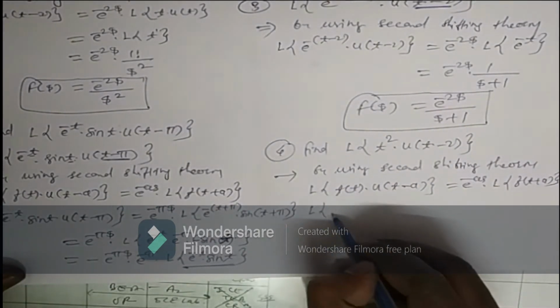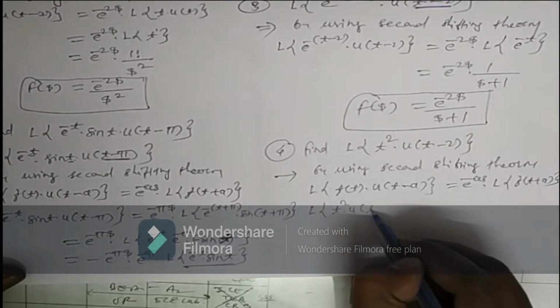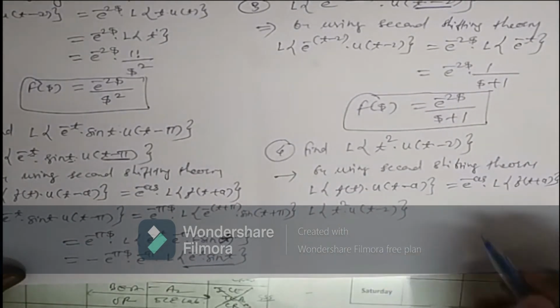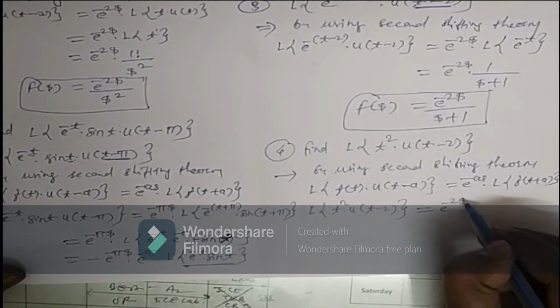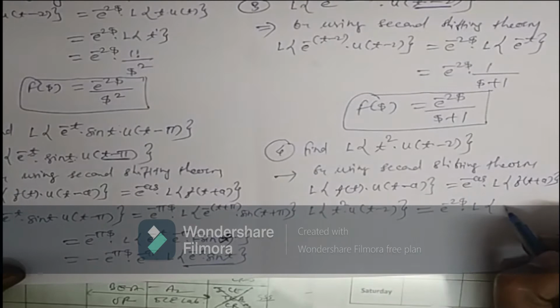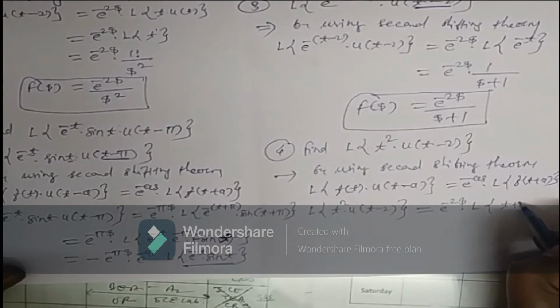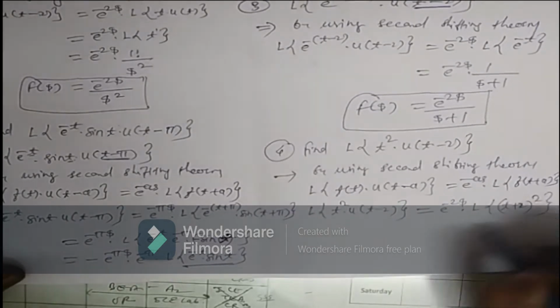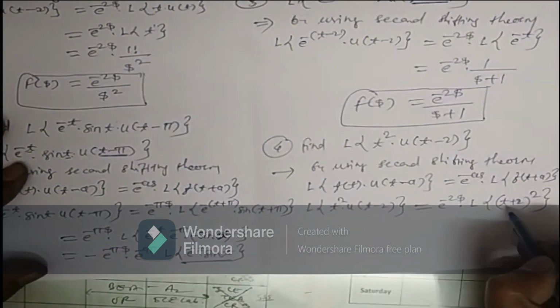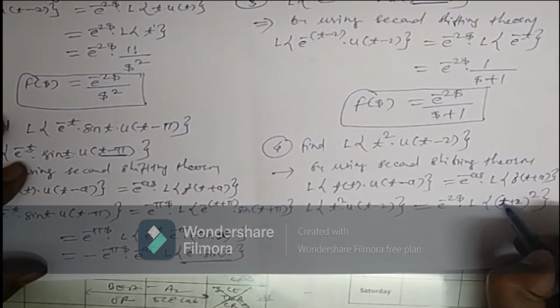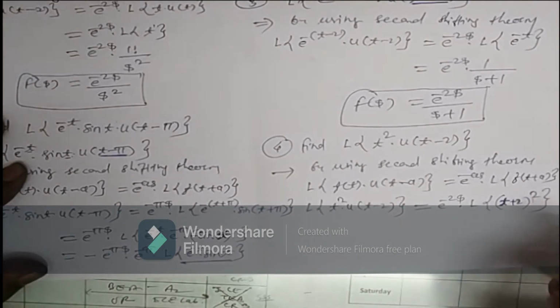What we get here? Laplace transform of t square into u(t minus 2), and that is equal to e raised to minus 2s into Laplace transform of (t plus 2) whole square. Why? Because here we have to replace this t by t plus 2, and here there is whole square.